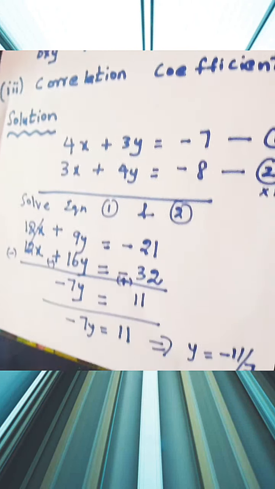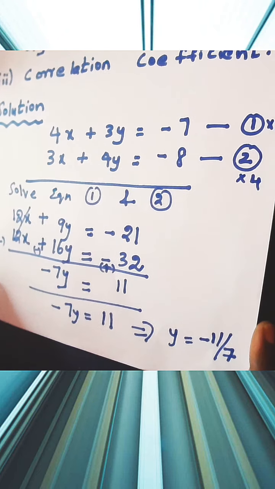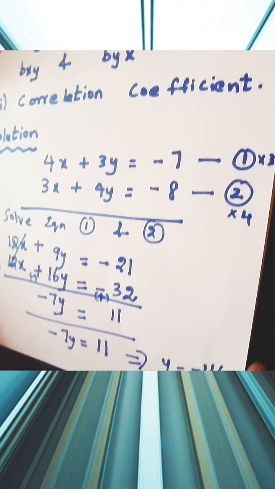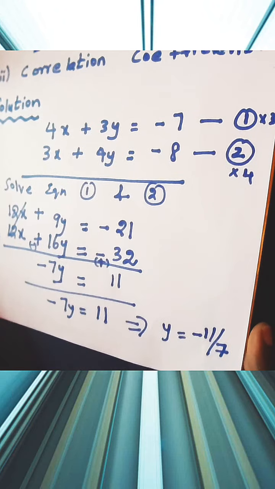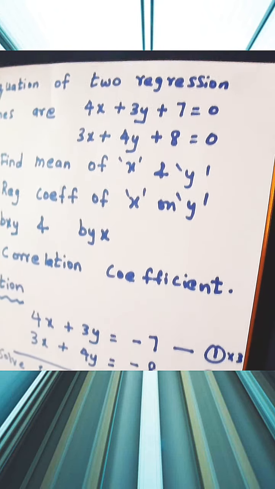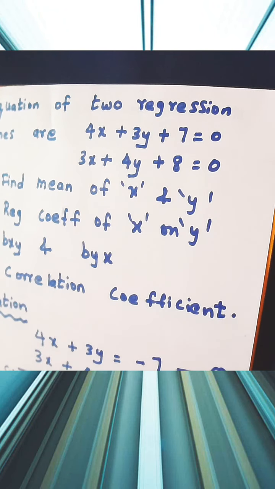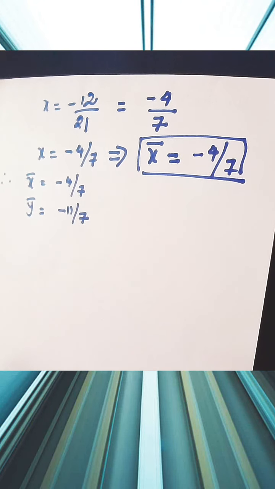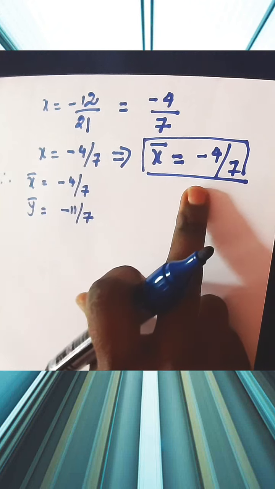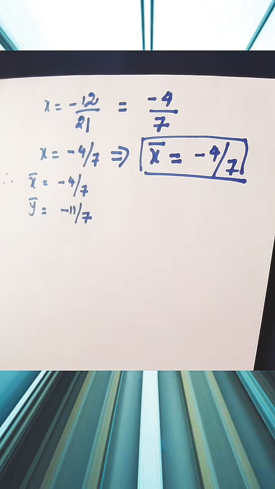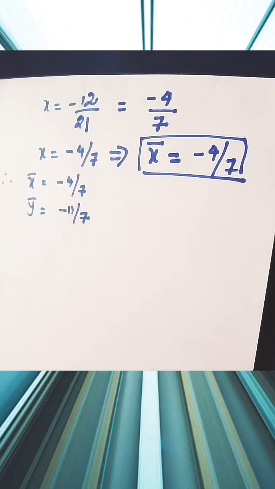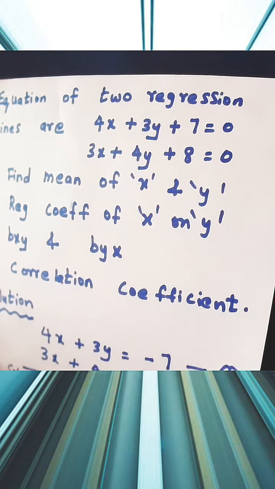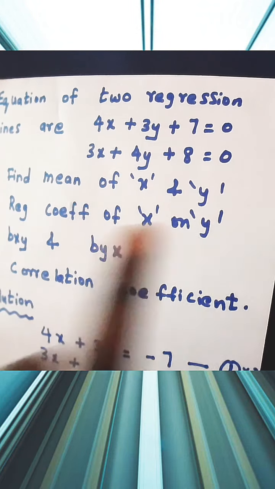After solving, you get y bar is equal to negative 11 by 7, and x bar is equal to negative 4 by 7. Understood, students? The first part is over. We found the mean of the x and y variables.